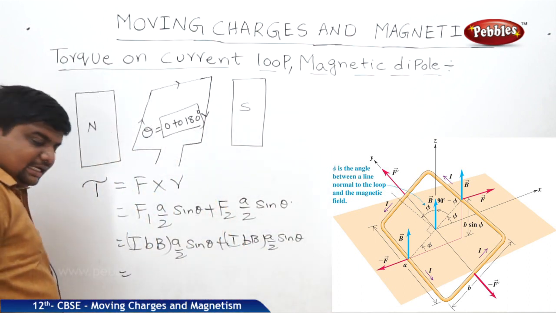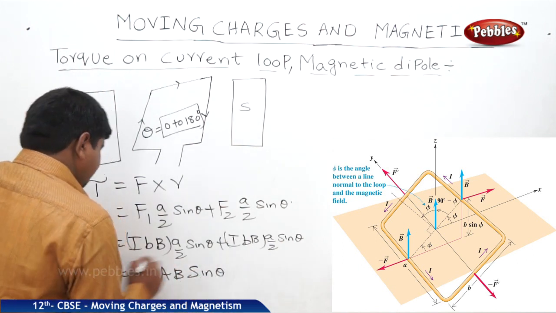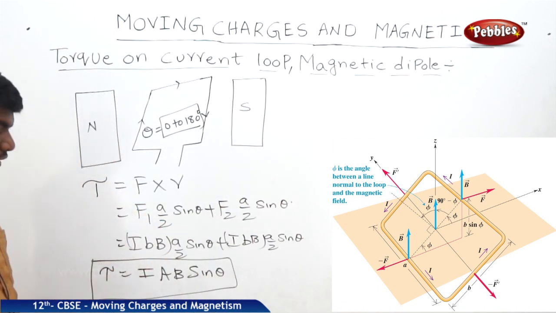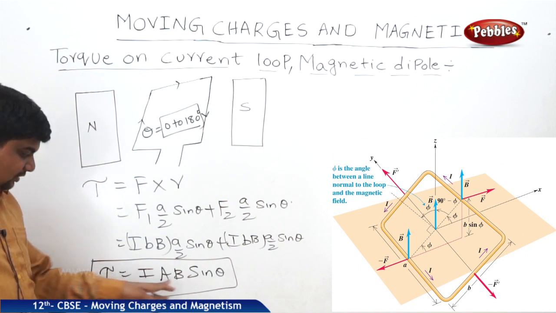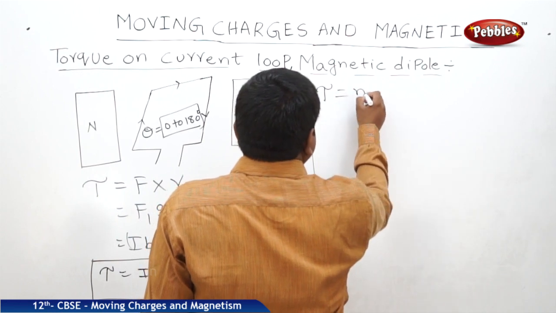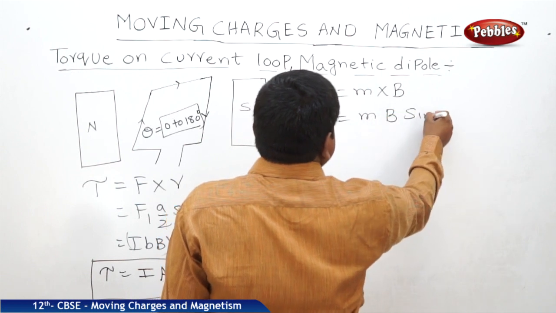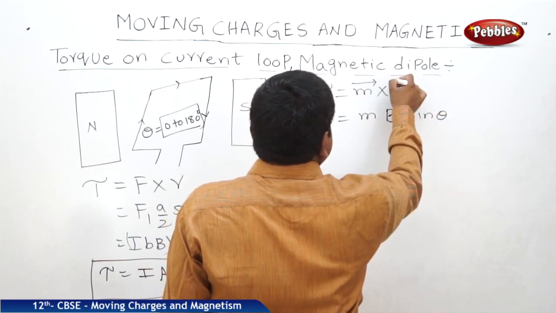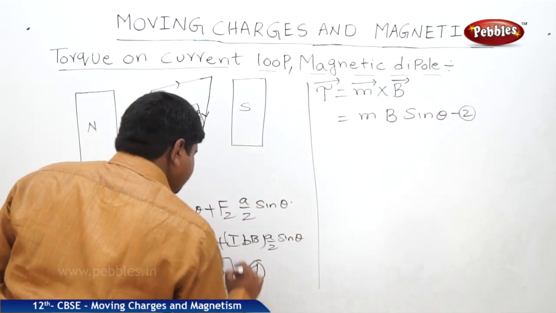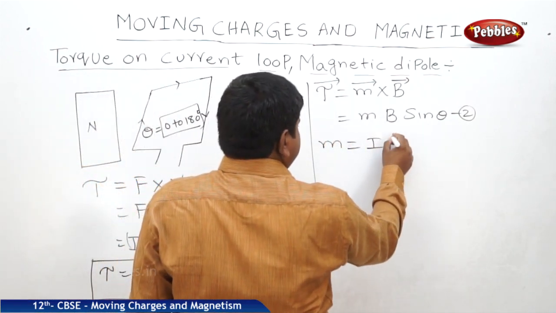Concludingly, we get IAB sine theta is equal to tau. If we write the vector notation of this equation, tau is equal to M cross B, therefore tau is equal to MB sine theta. This is equation 2, and this is equation 1. If we compare equations 1 and 2, we can write M is equal to IA.